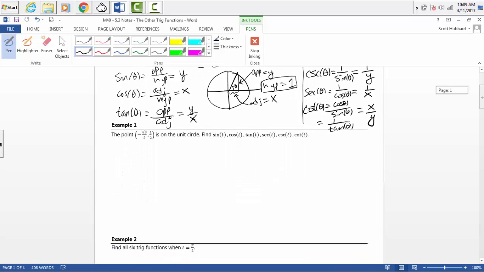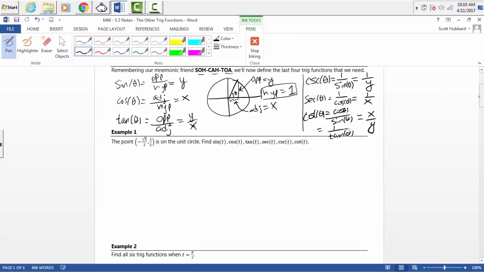Okay? So for instance, let's take a look. I'm going to try to leave this here so you can look back to it. So here's the point. Negative root 3 over 2, comma half is on the unit circle. Let's go ahead and plot it first to find out where that angle is. Okay. So here the angle, the x is negative root 3 over 2, the y is half. Okay.